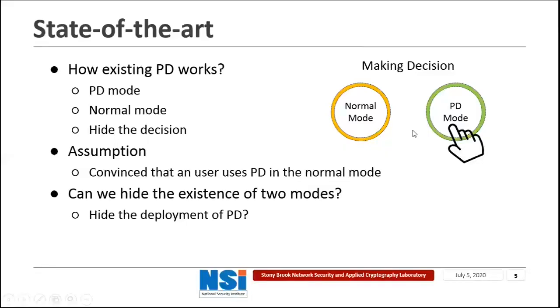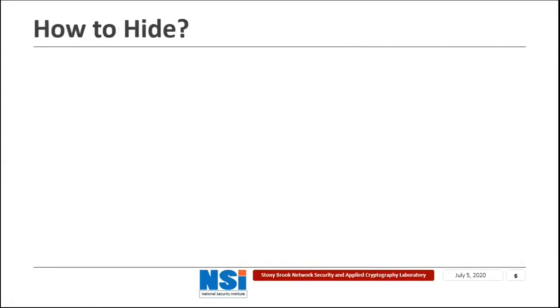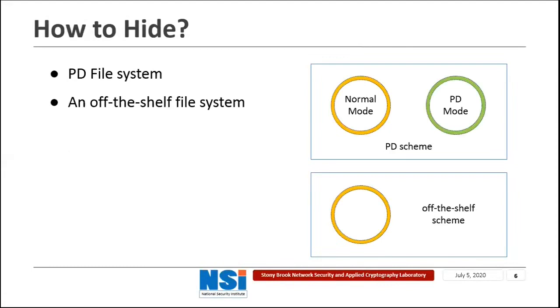How can we hide the deployment of a PD scheme? Let's see a simple example. Assume that we have a PD scheme, which is a file system that also has two modes, the normal mode and the PD mode. Besides, we have another off-the-shelf file system. More importantly, we assume that the normal mode in the PD scheme has an identical layout to the off-the-shelf scheme.